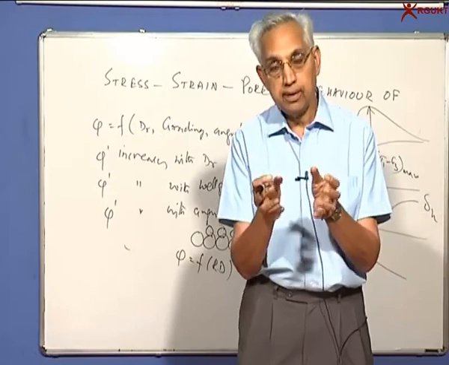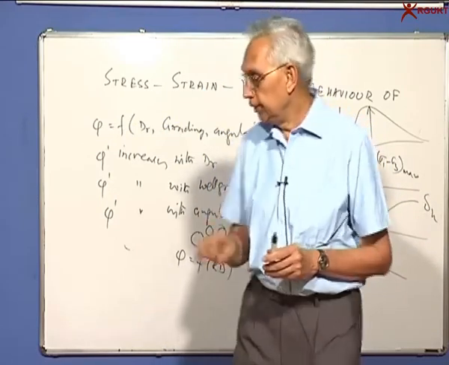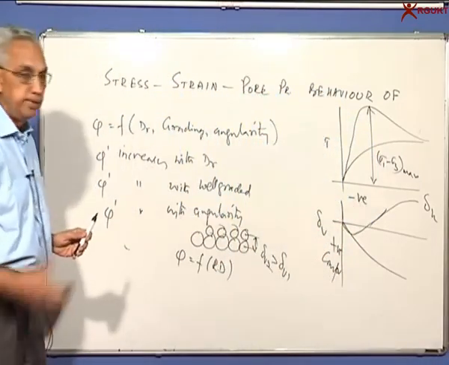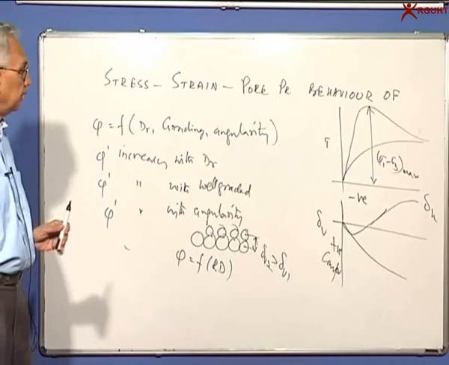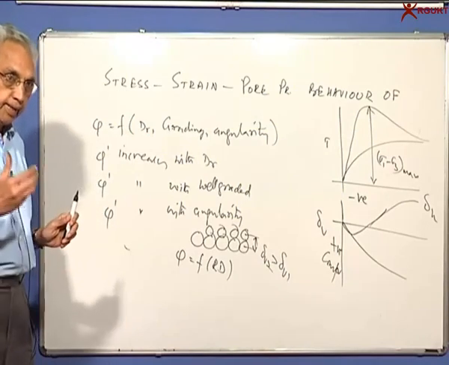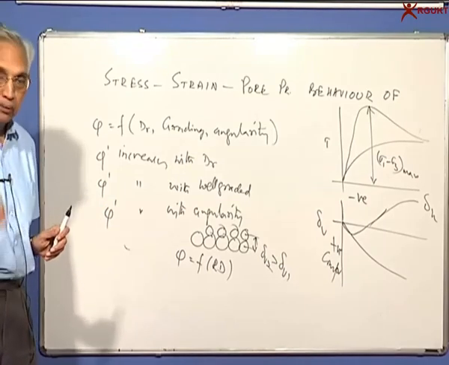Whereas if it is a rounded particle, you will get a smaller value. So this is how we try to determine the strength of the sands, and you have all these tables available which will tell you phi for well graded, poorly graded, angular, rounded, and dense and loose state of soils.